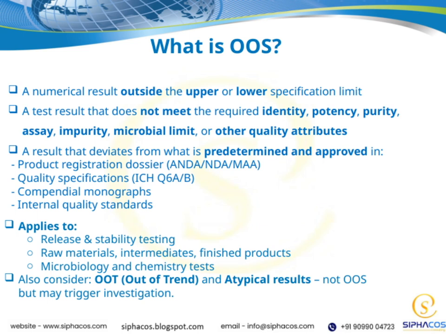Now you might ask, what exactly is OOS? Well, OOS stands for out of specification, which means a result has fallen outside the predefined limits. Recognizing OOS results promptly is essential because they often require thorough investigation to determine root causes and ensure that only quality products reach the market.